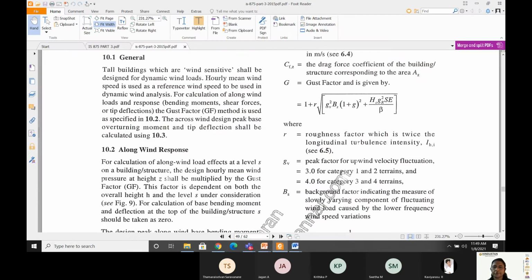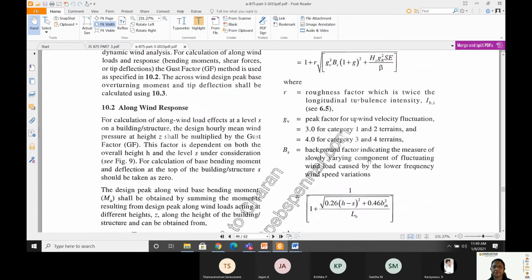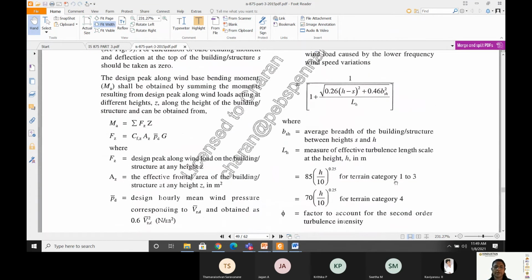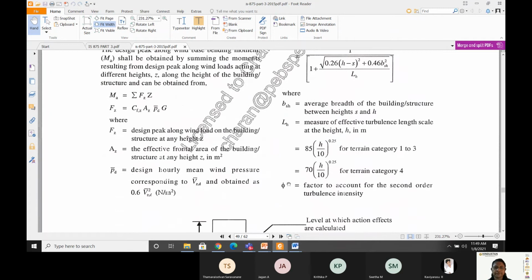So you have to take a particular factor for the fluctuating wind load, the background factor. Again, a big expression is given there. Then you have phi, a factor to account for the second order turbulent intensity. It's turbulence. You must have learned laminar flow and turbulent flow in fluid mechanics, isn't it?